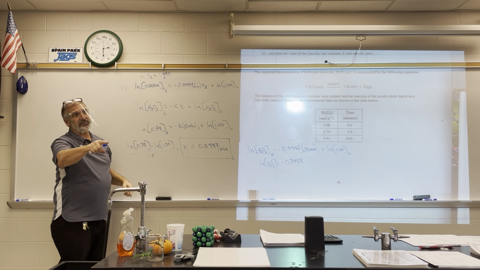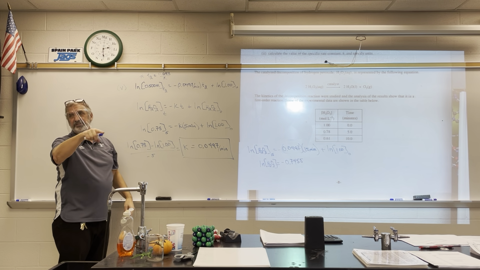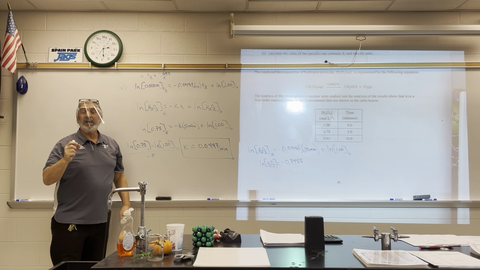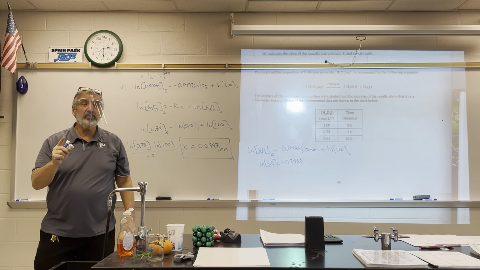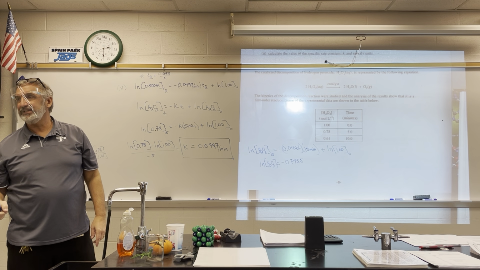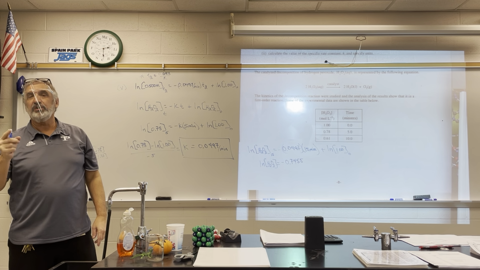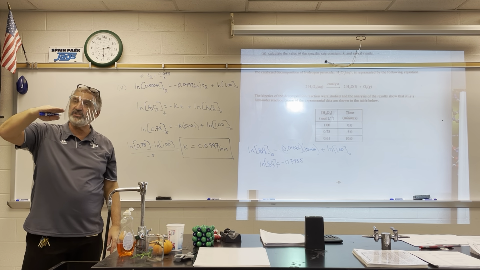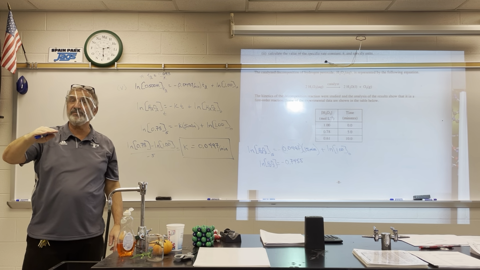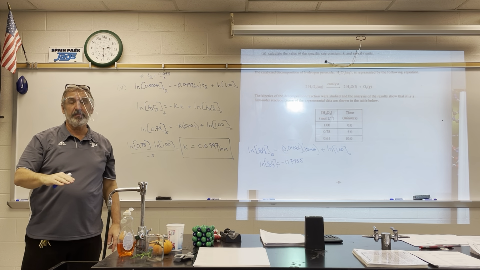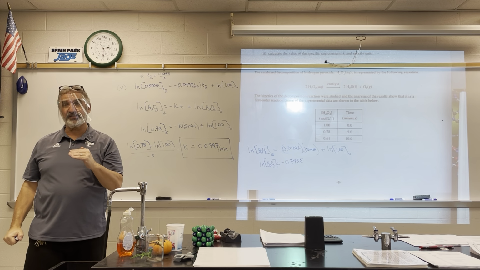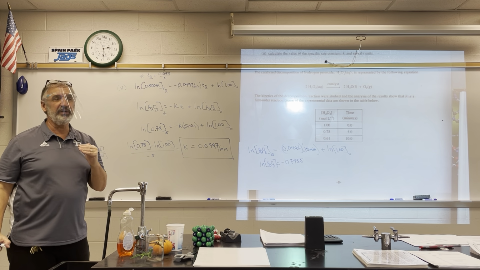Zero order is linear, it's just whatever the slope is. But first order is the only one where the half-life is consistent. So if the concentration halves in an equal amount of time every time, then we know it's a first order reaction. You've got to write that down somewhere.